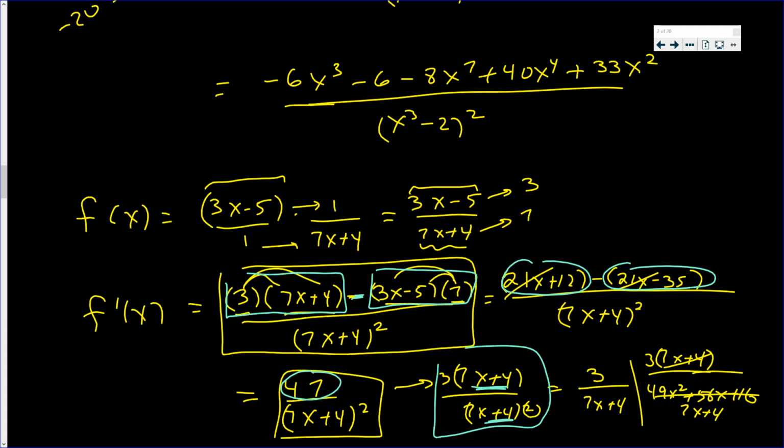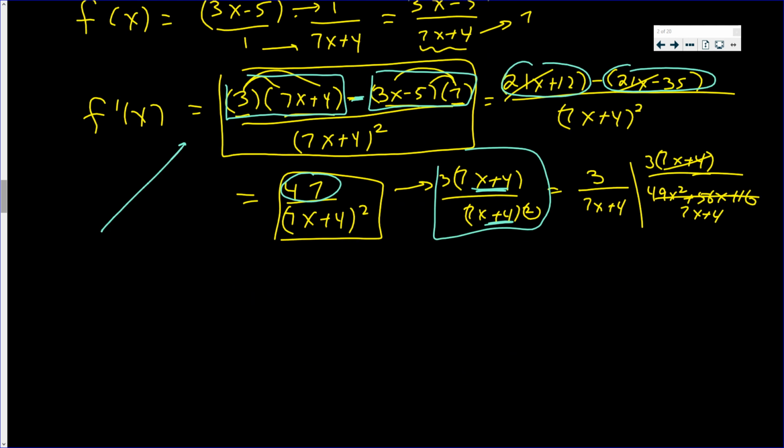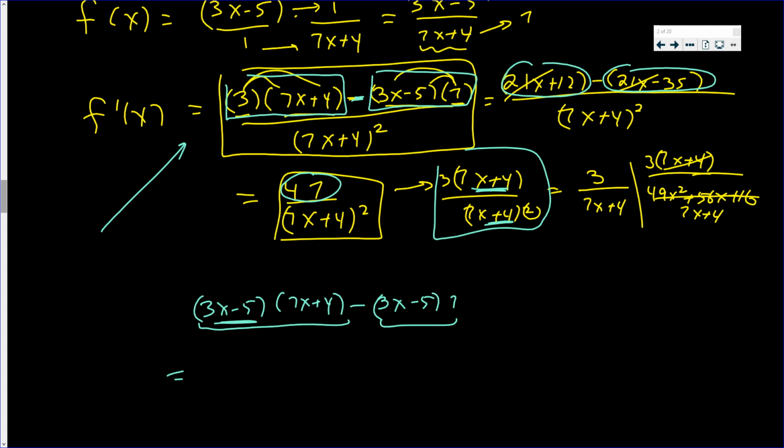Of course, one last comment. If this numerator would have been, instead of 3, if it were 3x minus 5 times 7x plus 4 minus 3x minus 5 times 7, you better believe that I would have factored out what was coming. 3x minus 5 times 7x plus 4 minus the 7.